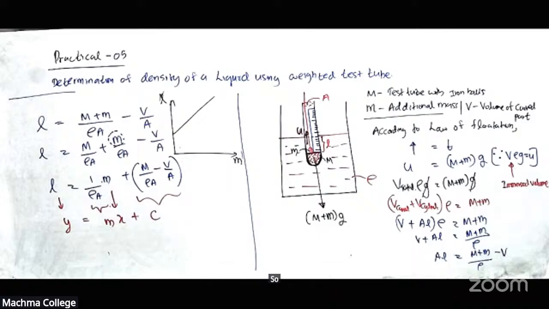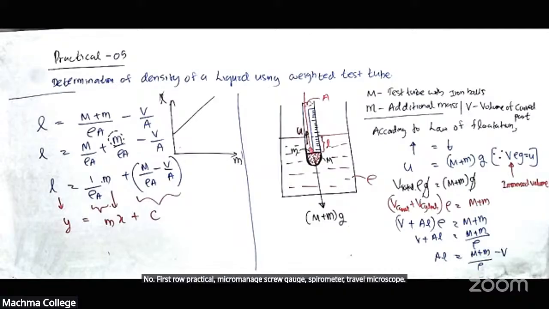So for materials, one meter ruler comes under practical number 5. No. The first four practicals are vernier caliper, micrometer screw gauge, spirometer, traveling microscope. It's even hard to understand.